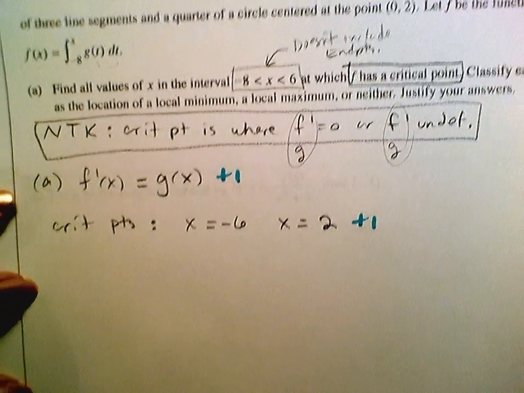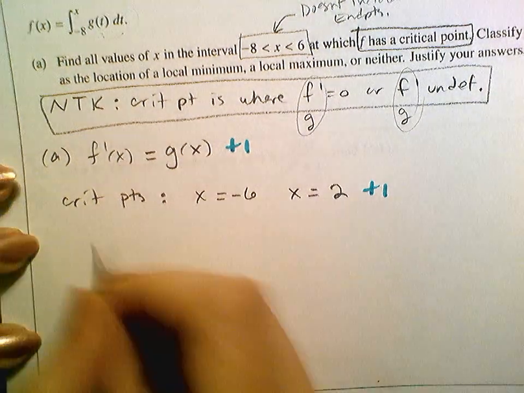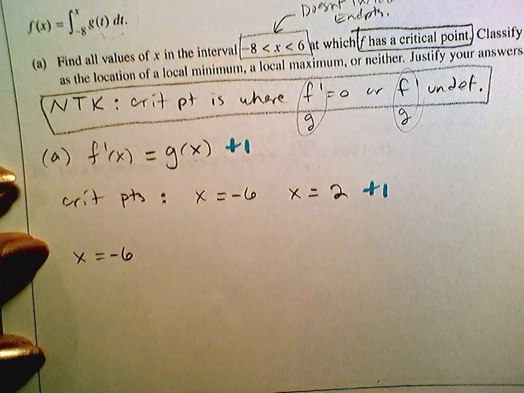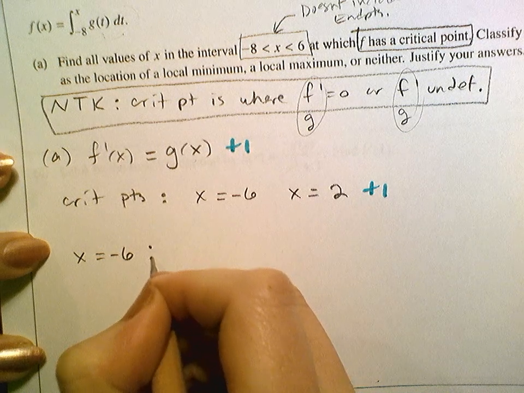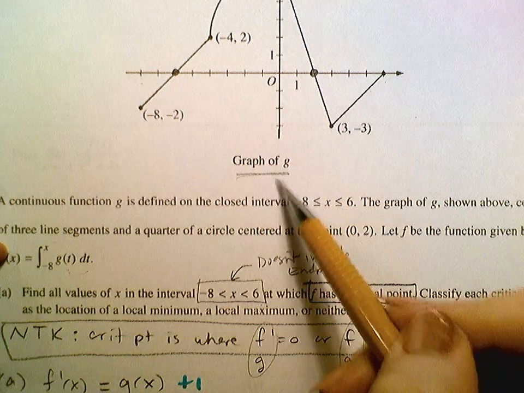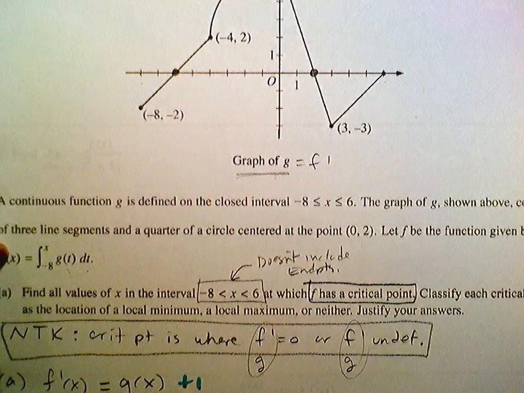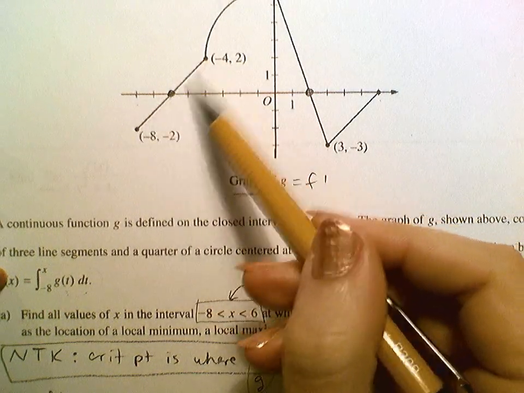Now we're going to classify them and justify our answers. This is Susan's table stuff. So x equals -6. This is g, so this is f prime. f prime is here changing from negative to positive.